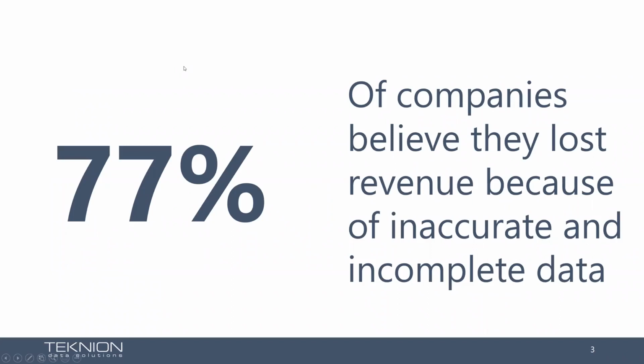One of the things that drove the whole idea behind the Validator product is one of these stats that Gartner came up with. They basically said 3/4 of companies believe they lost revenue because of inaccurate or incomplete data. So not just that they had problems with trust in the data, but they're losing money because their data is wrong.